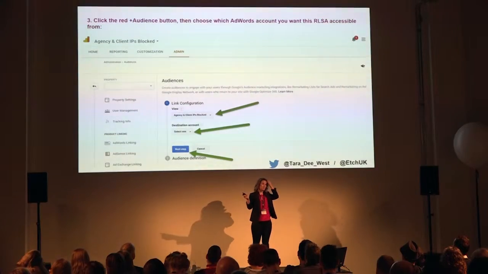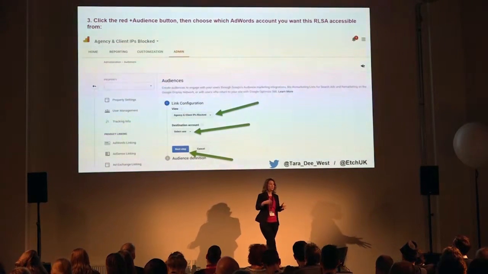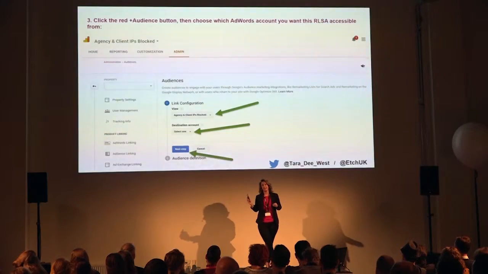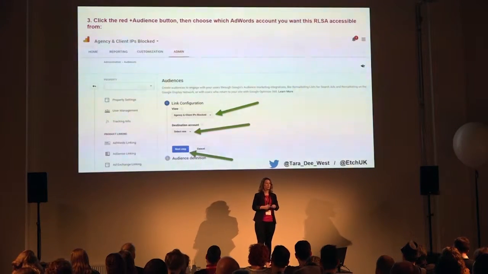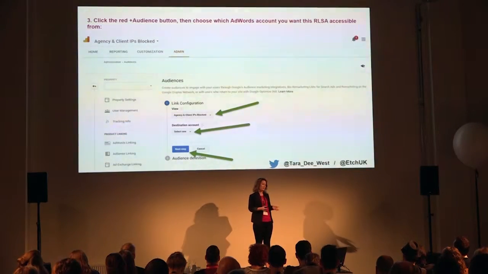This step's really important. If you've got multiple AdWords accounts that you're using, you can only create an audience and have it used within one AdWords account at the moment. So make sure you pick the right AdWords account that you want to associate it with. Otherwise, your list will collect data, but when you go to look in your AdWords account to apply it, the list won't be there.